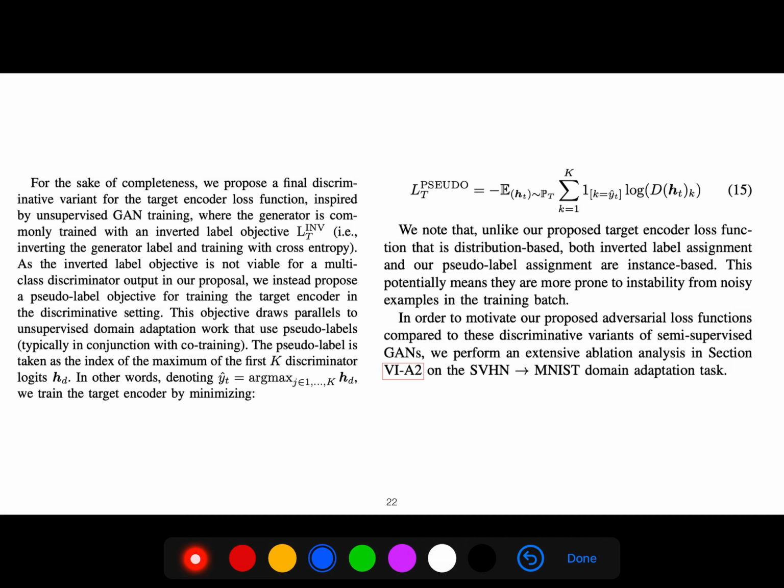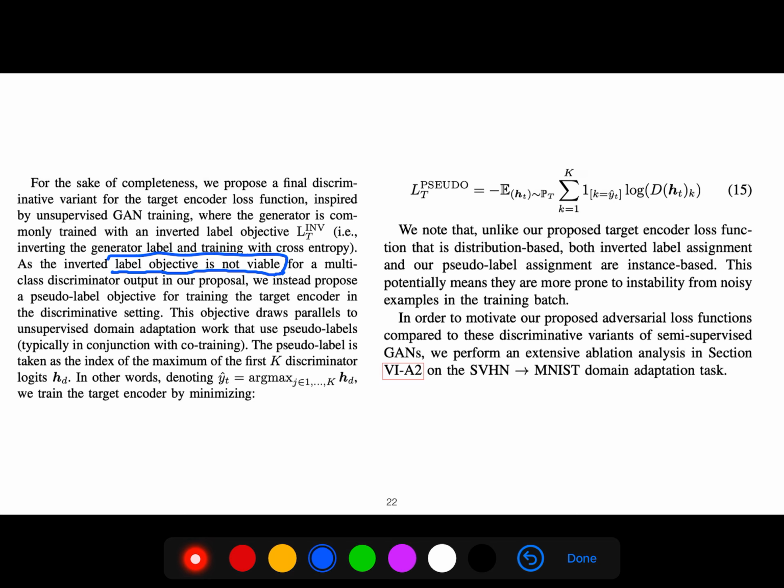As the inverted label objective is not viable for a multi-class discriminator output, we instead propose a pseudo-label objective for training the target encoder in the discriminator setting.